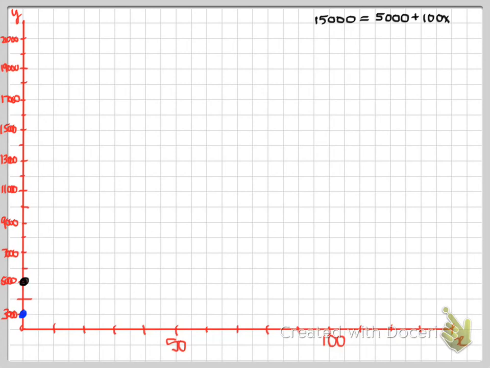What we're trying to find out is how many guests we can have at American Inn to be able to spend $15,000. So we move the 5,000 over, we get 10,000 is equal to 100x, and when we divide by 100, x is equal to 100.